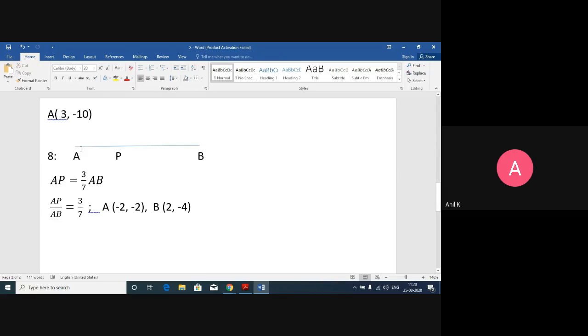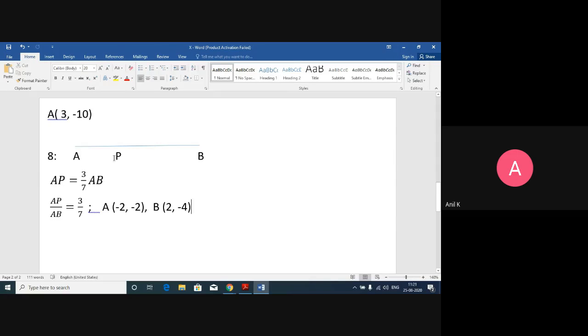The ratio will always be AP is to PB, and only then can I apply the section formula. But here it is AP is to AB, so I have to convert this ratio AP:AB into AP:PB. Then I can apply it. Now see, AP is 3 units and AB is 7 units. What about PB? How much will PB be?